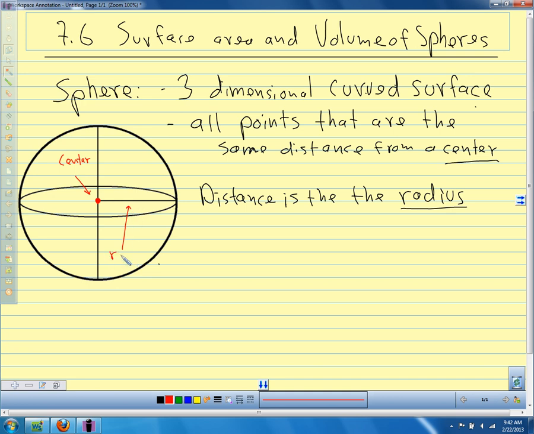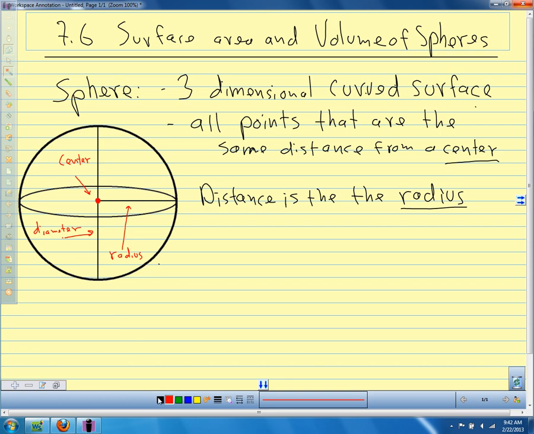This segment is the radius. And this segment that goes all the way across is the diameter. So a lot like a circle. You said a sphere is a three-dimensional circle. Yeah, that's one way you can think about a sphere. It's like a circle stretched into three dimensions.